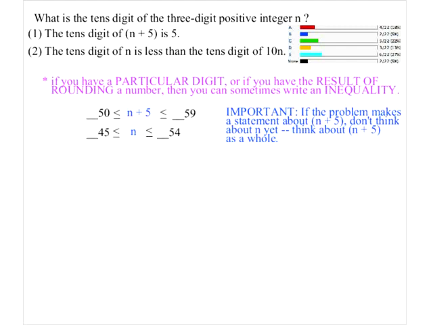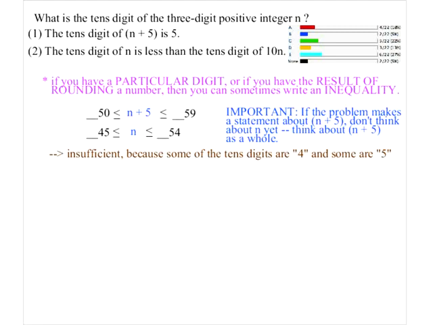There. So notice that this is insufficient because some of the tens digits are 4 and others are 5. So that's not going to work. All right, smiley faces about that. If you have any questions, go ahead and type them in the text box.